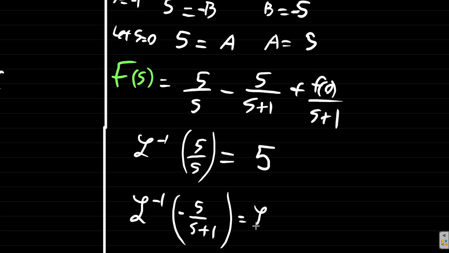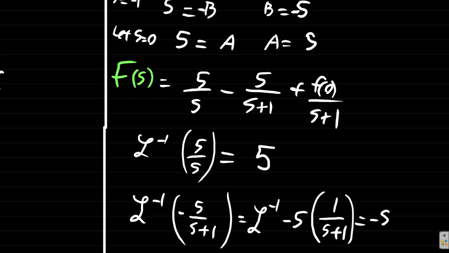This would be like the inverse Laplace transform of negative 5 times 1 over s plus 1, right? So it's negative 5 times something. What is it? It would be negative 5 times the inverse Laplace transform of this.